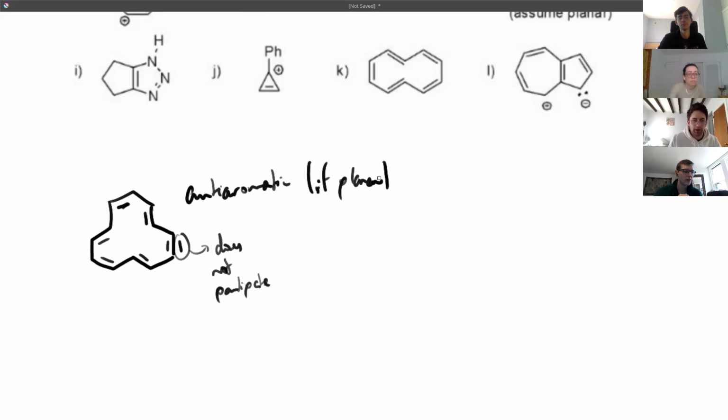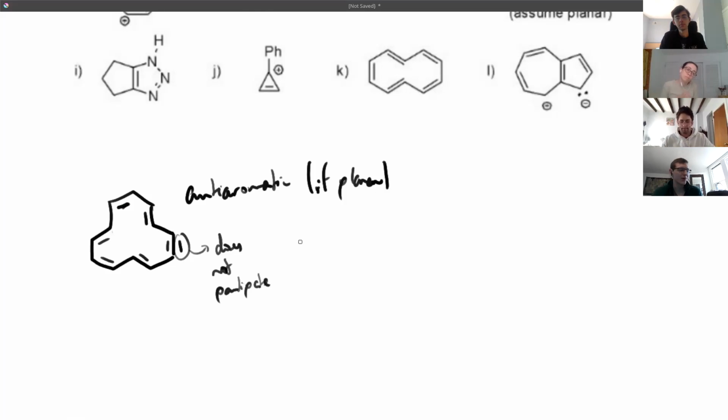How many carbons we got? Yeah, I think so. Isn't there something too about when you have the hydrogens trans, and there's sterics inside, then that makes it non-aromatic? Yeah, that is true. In this case, we drew it this way, but it doesn't even really look like this, so it's hard to say.